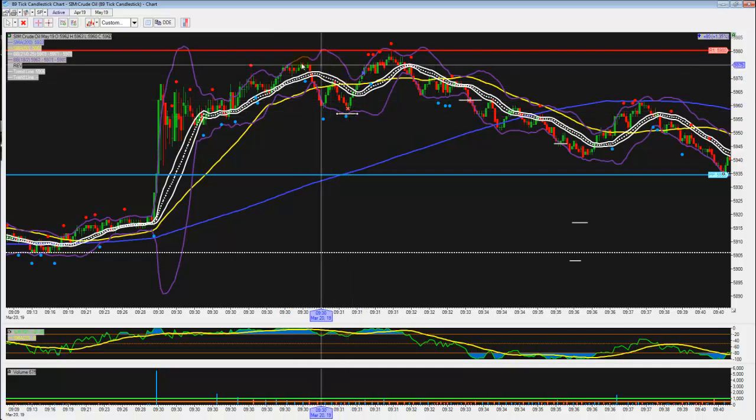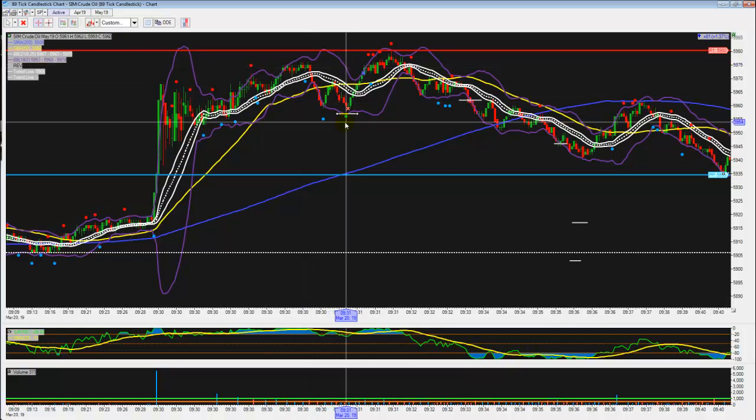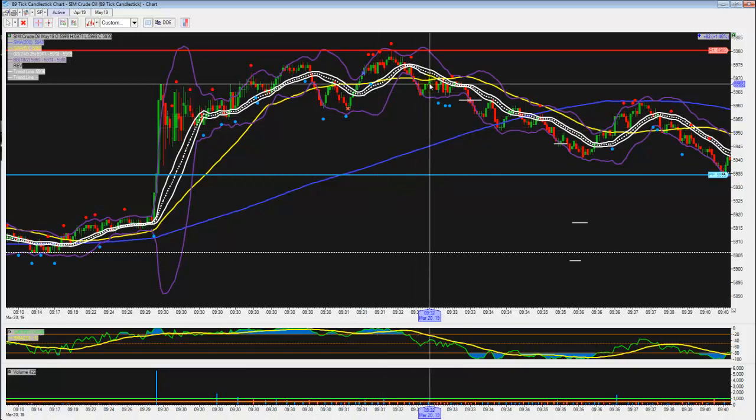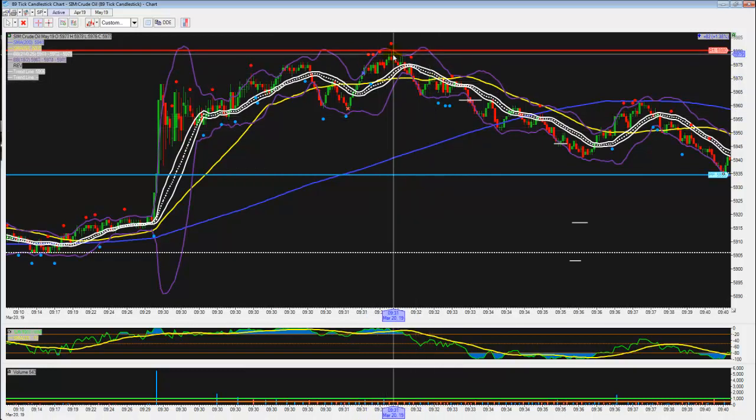Ideally, though, this wasn't a true setup. Looking at it from hindsight, it wasn't a true setup. This over here was the true setup.